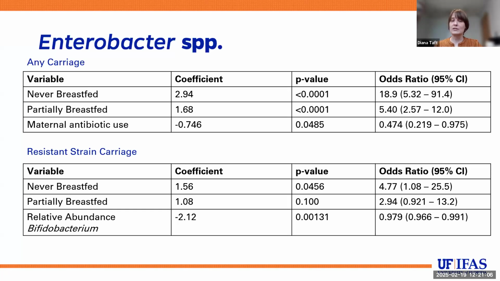And the resistant Enterobacter form was also decreased by higher levels of bifidobacteria. So again, that suggests, since breastfeeding remained in the model, that it's more than just bifidobacteria that are shaping this influence.